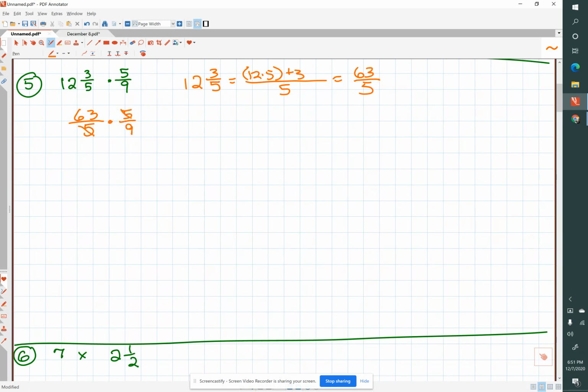And 5 and 5 cancel. 9 divided by 9 is 1. 63 divided by 9 is 7. So the answer is 7.